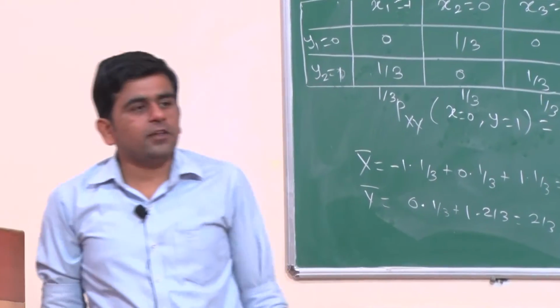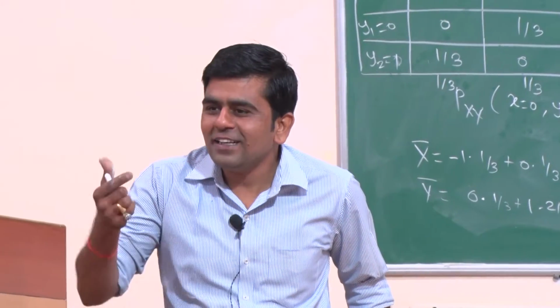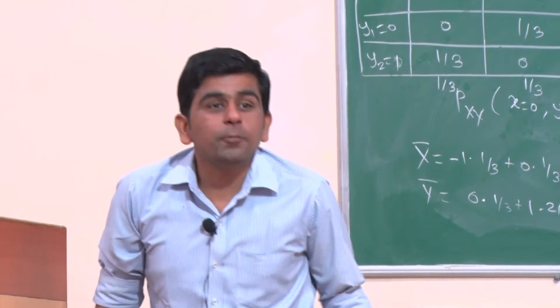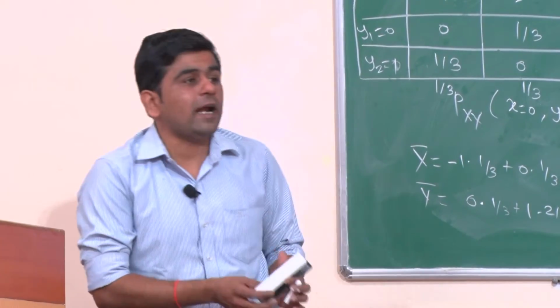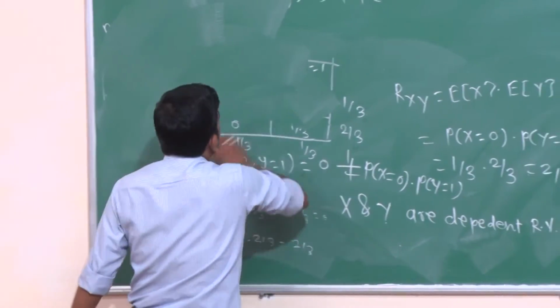Then write down your second example from your favorite, that is tossing a coin 3 times. We have the joint probability distribution function for these two random variables.